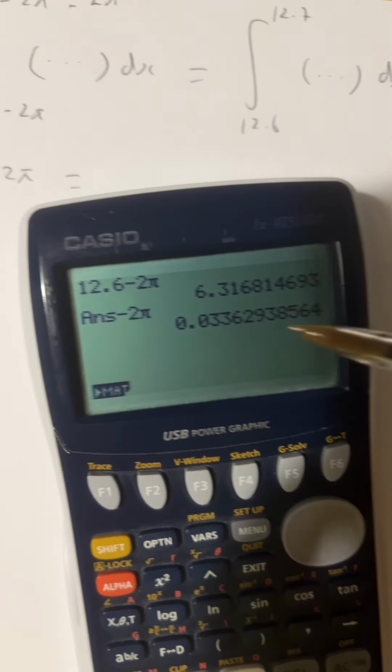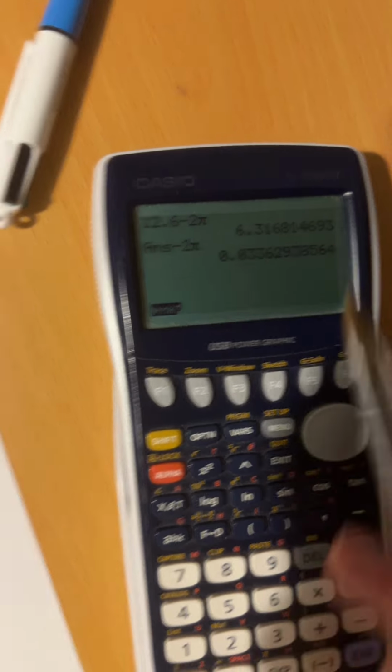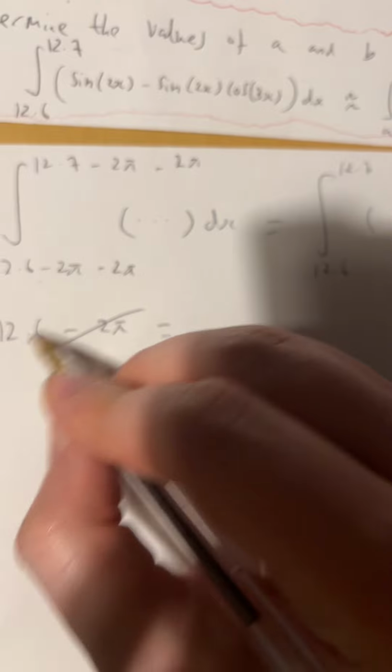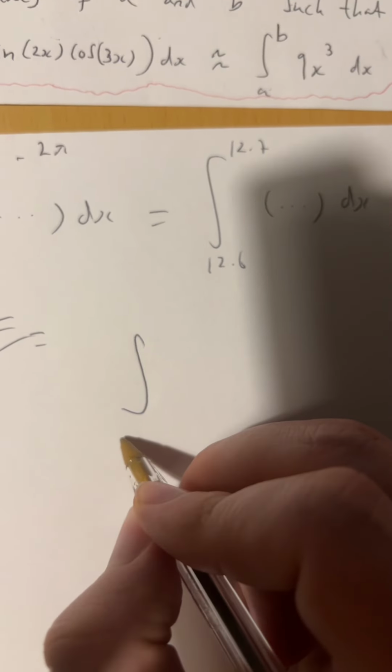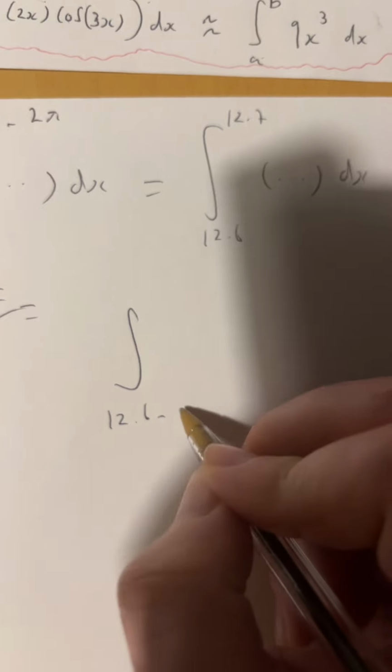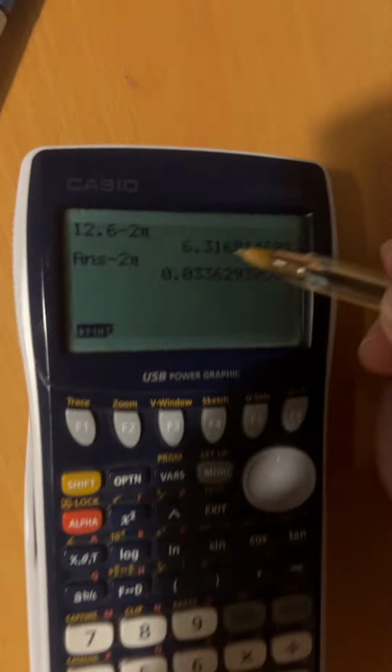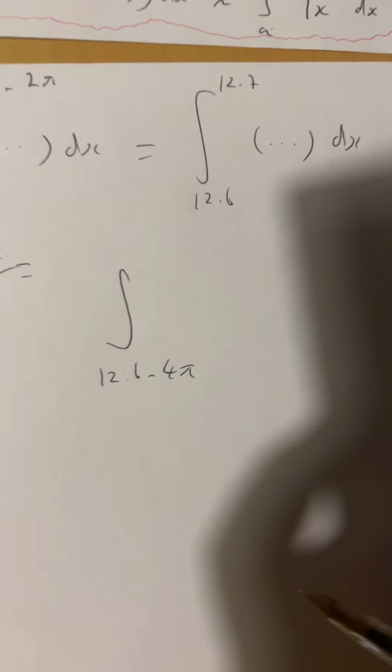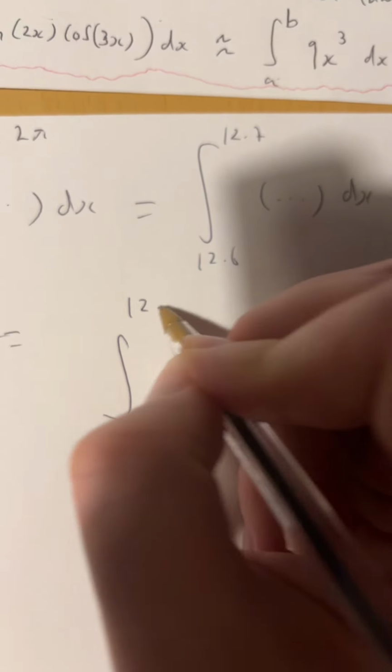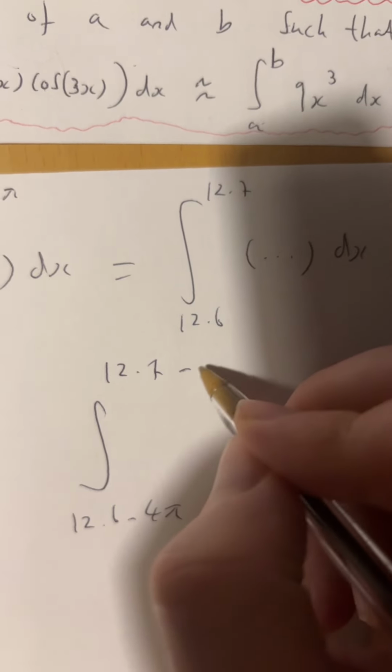0.0336, this is pretty small. So what that's telling me is that this A must be 12.6 take away 4 pi. So we've got here 12.6 take away 4 pi, because we had to take away 2 lots of these 2 pi's. Do the same on the top: 12.7, remember that's our top limit, 12.7 take away 4 pi.